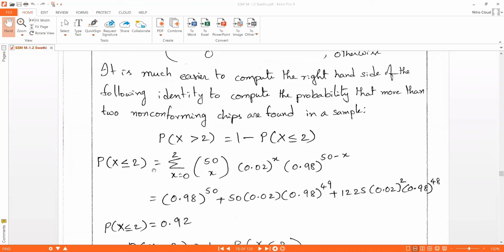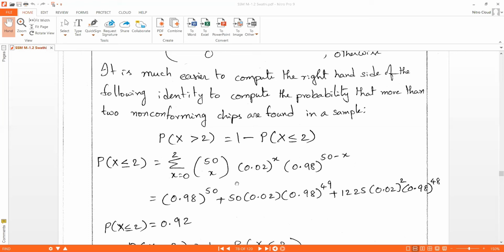P of x less than or equal to 2 is the summation for x equal to 0 to 2 of 50Cx into 0.02 power x into 0.98 power 50 minus x. We substitute x as 0, 1, and 2, so this summation will have three terms.